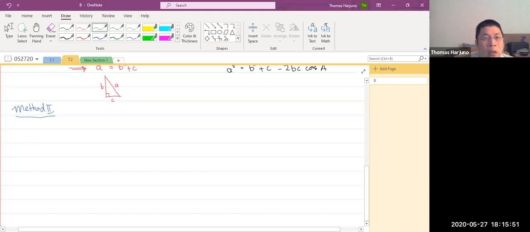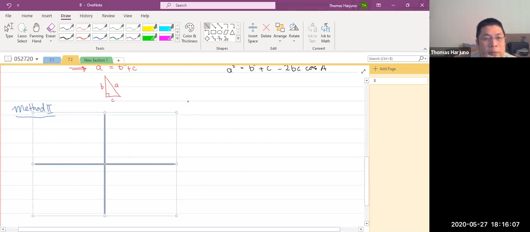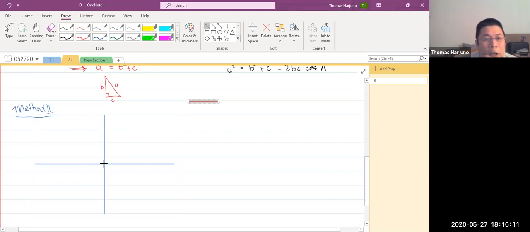Now, it is by imposing this triangle into a rectangular coordinate system. So suppose I have one side of a triangle. I put it right on the positive x-axis.